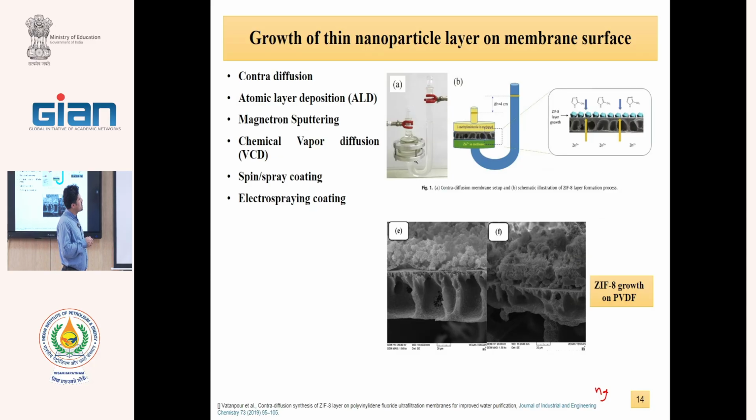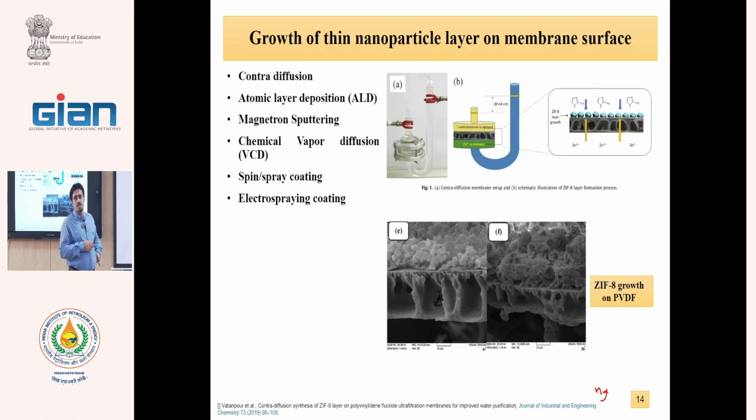With reaction of the zinc with 2-methylimidazole, the ZIF layer was grown on the membrane surface, and if possible, in the pores, and we have a good attachment.